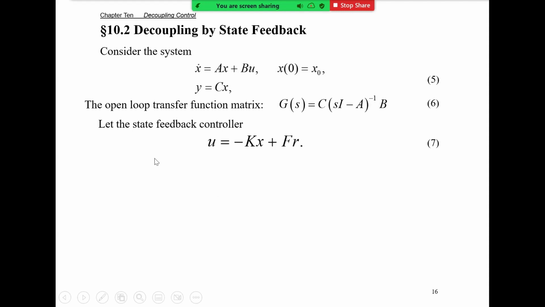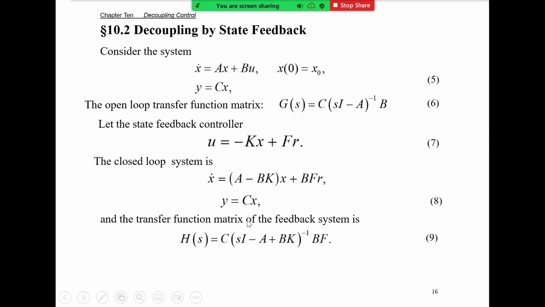Now, what we try to achieve is to design a state feedback. We want to design K and F such that the closed loop system becomes this one. This is the equation for the closed loop system, and the transfer function matrix of this closed loop from R to Y, we can get in this form.